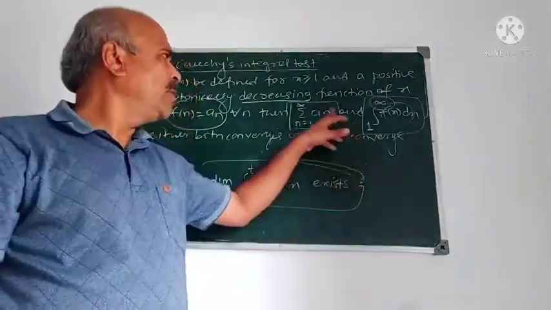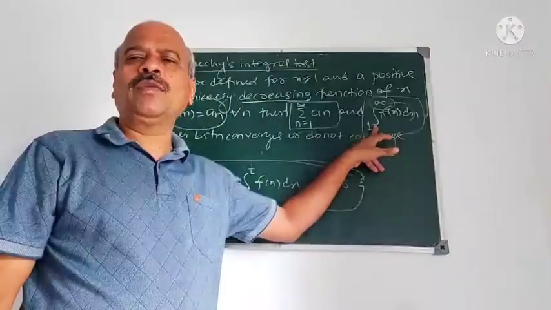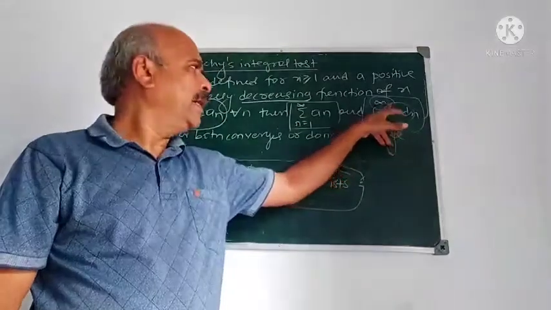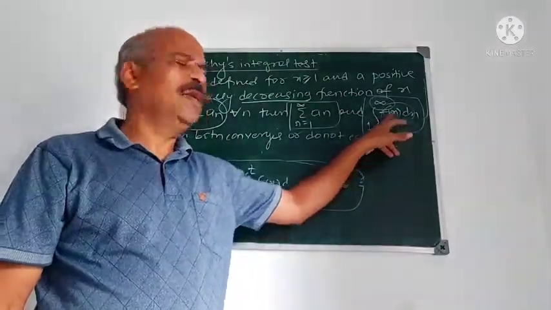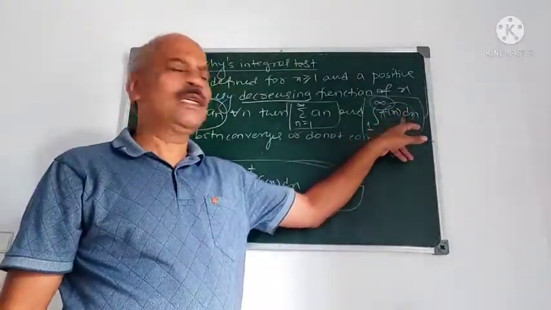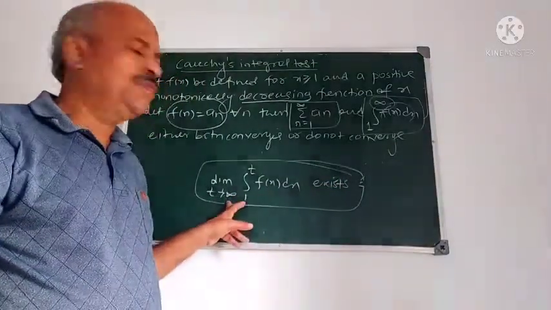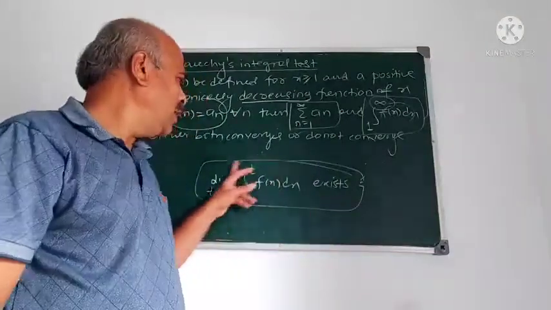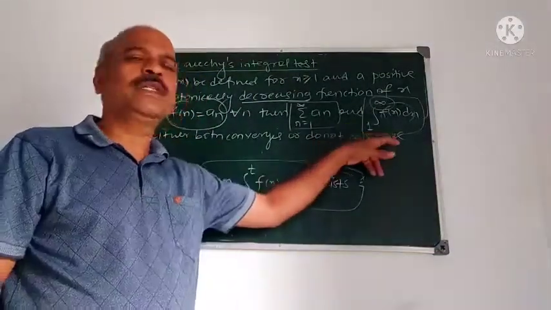The use of the integral test is that we test the improper integral for convergence. The integral from 1 to infinity is called an improper integral, and the primitive can be easily obtained here. Primitive means the integral of f(x) can be easily obtained. Then we say that the integral from 1 to infinity of f(x) dx converges if the limit as t tends to infinity of the integral from 1 to t of f(x) dx exists, and we test the convergence of the integral from 1 to infinity of f(x) dx.